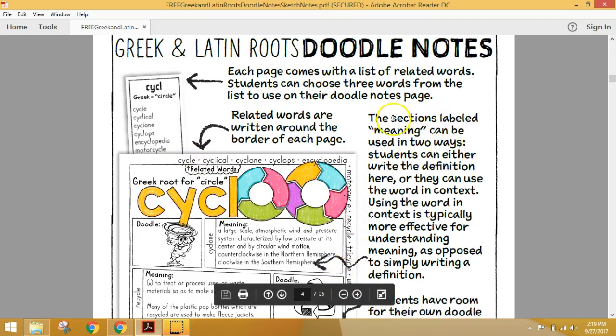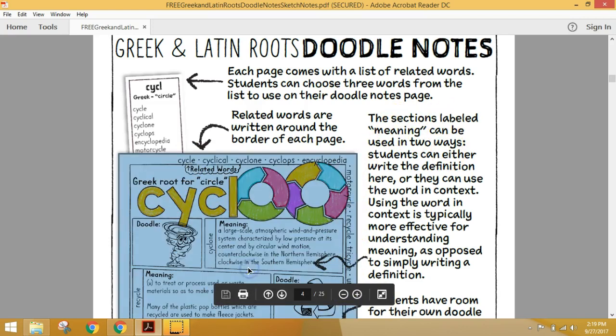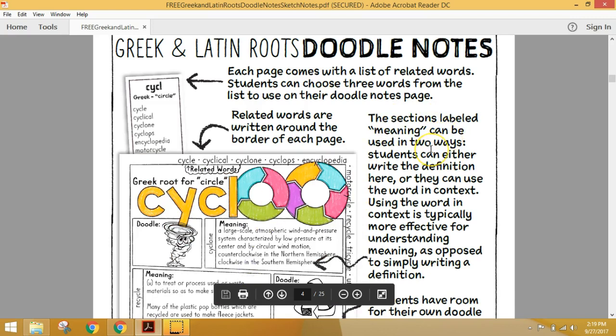The section labeled meaning can be used in 2 ways. Students can either write the definition here, or they can use the word in context. Using the word in context is typically more effective for understanding meaning as opposed to simply writing a definition. So you would write one of the words in this tiny little box here, like cyclone.